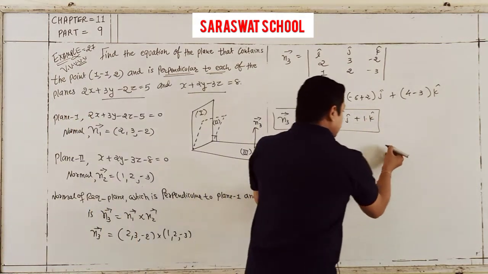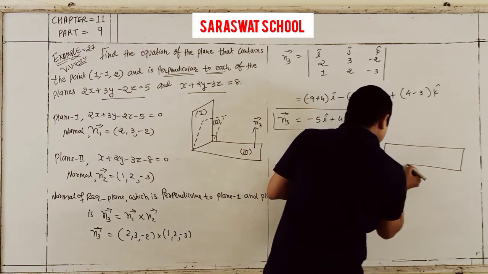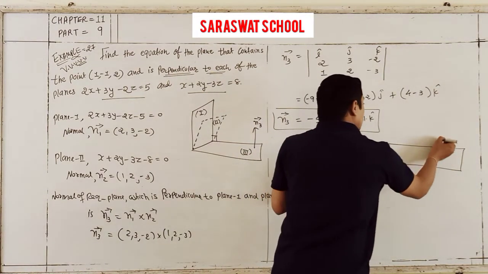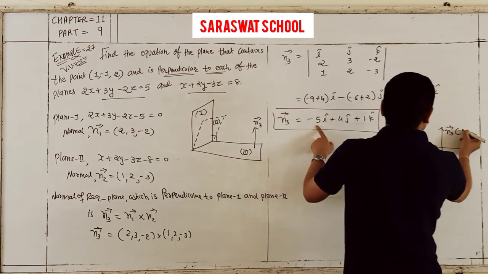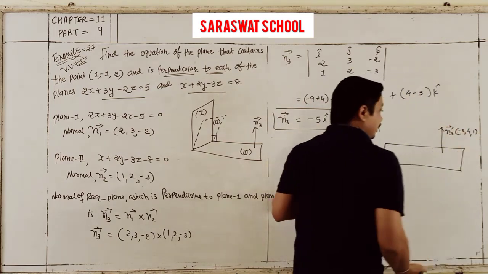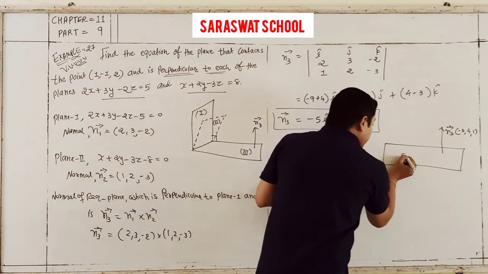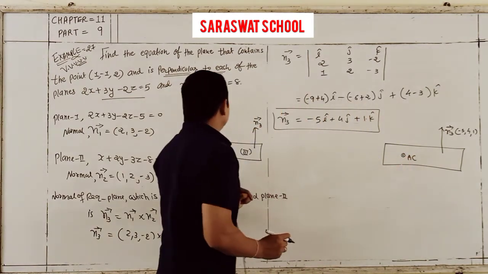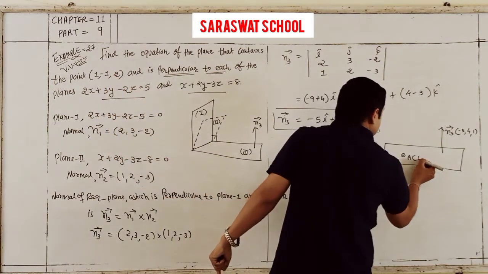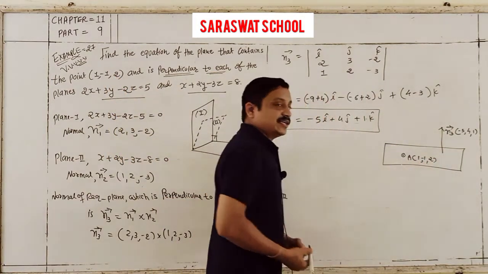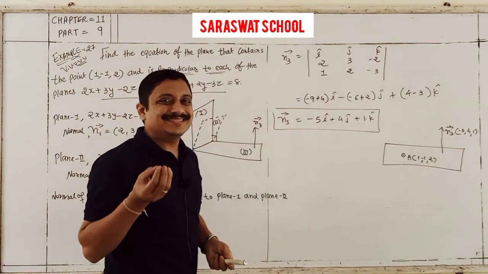Now draw the drawing again. That's your plane, whose normal is known, n3, minus 5, 4, 1, and passing through the given point A, according to the data, 1, minus 1, 2, and that creates a very simple and easy answer.